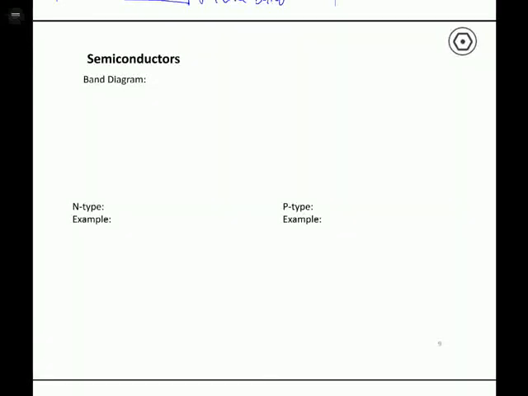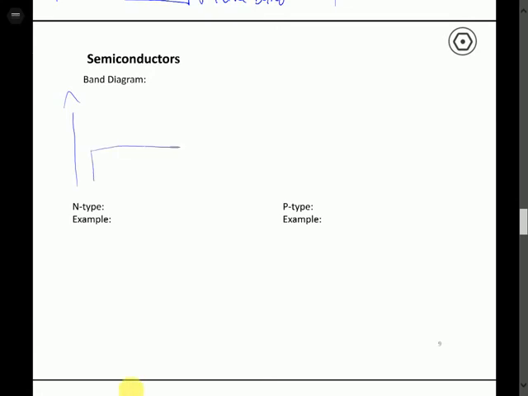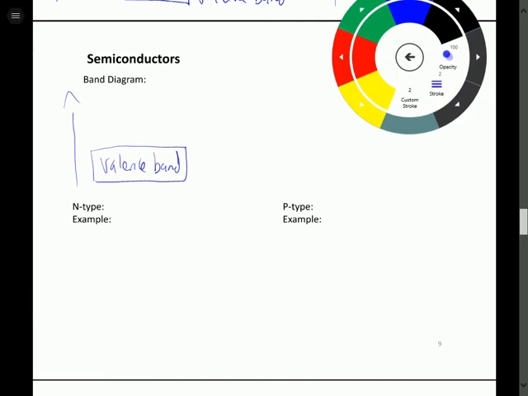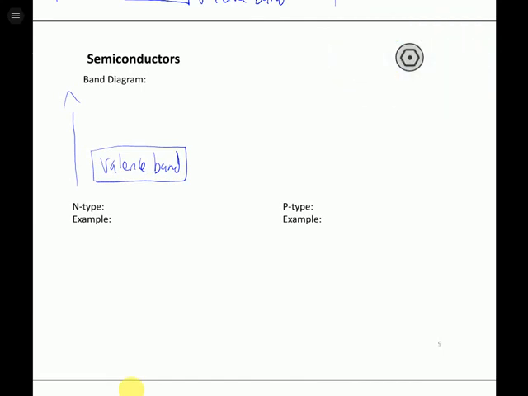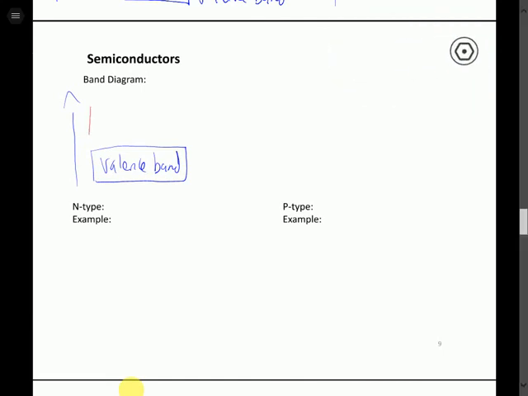And these are semiconductors. So the band diagram for a semiconductor is, we have still our valence band, and in this case, there's a small gap between the valence and the conduction bands. So they're not right on top of each other like they are for a conductor, but the gap is also not huge.